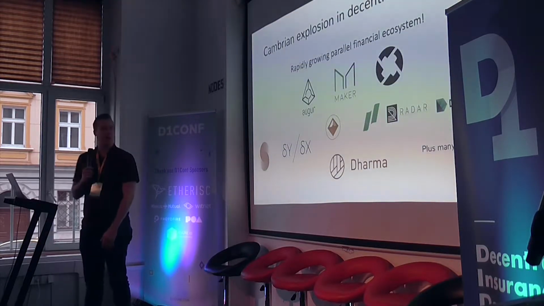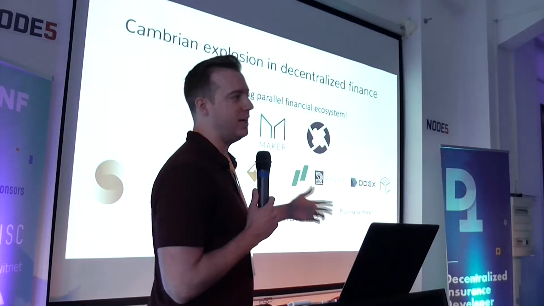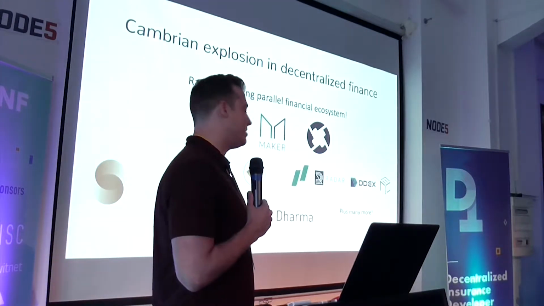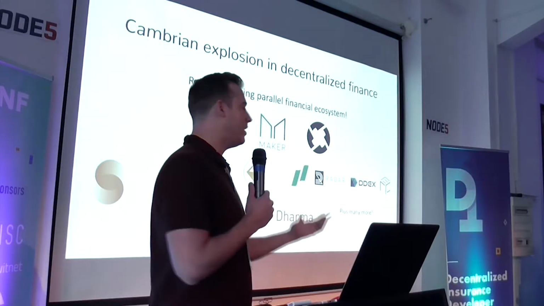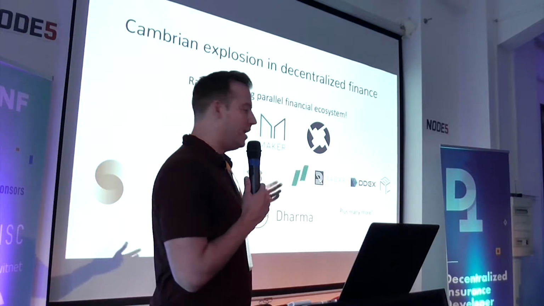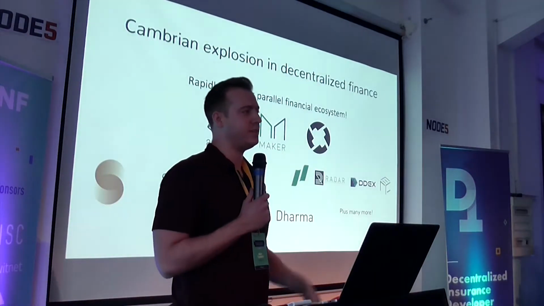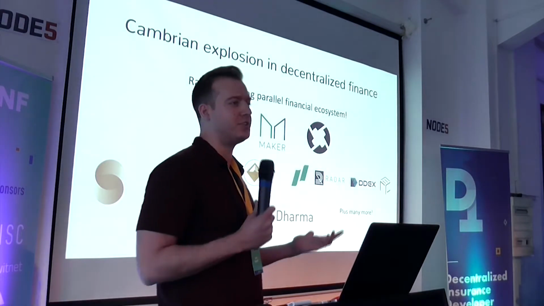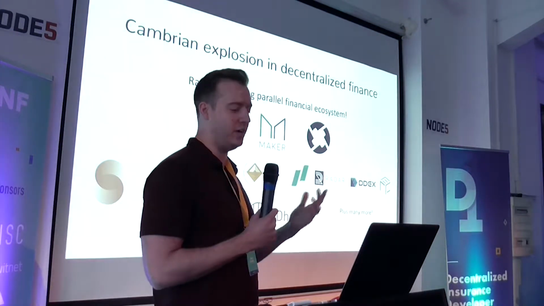Projects like Augur and MakerDAO and 0x protocol have spawned all of these additional projects and tools where we now have stable coins and a relay network, we have Dharma, we have all these different projects that are basically being built in a totally decentralized way, providing these new financial primitives that we can use and build off of.